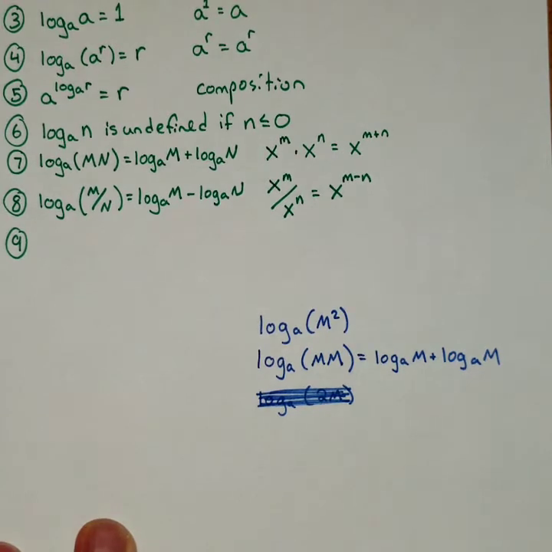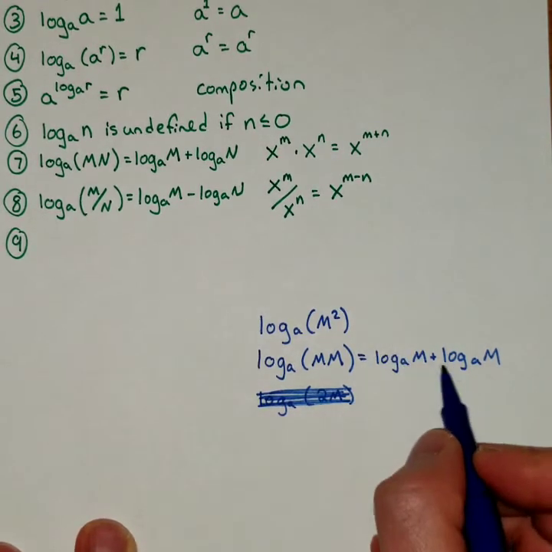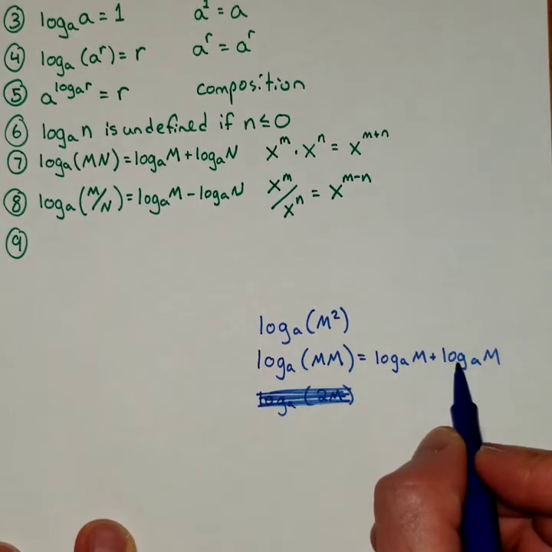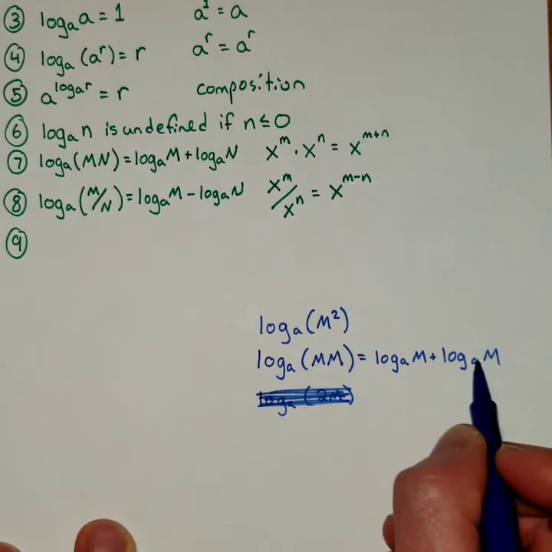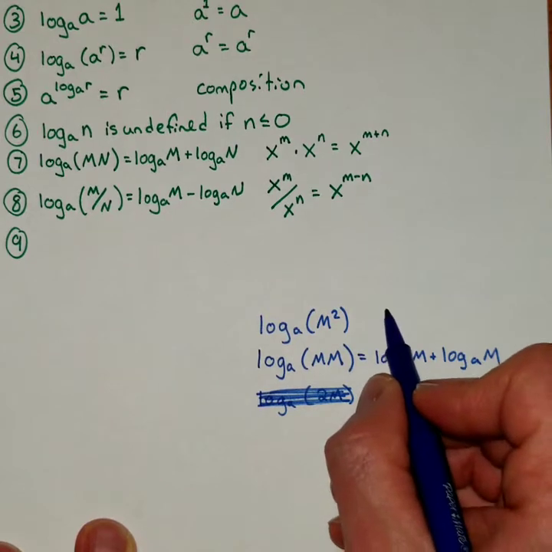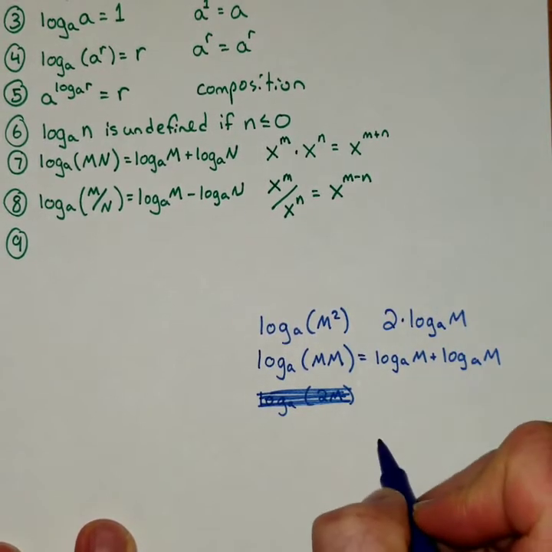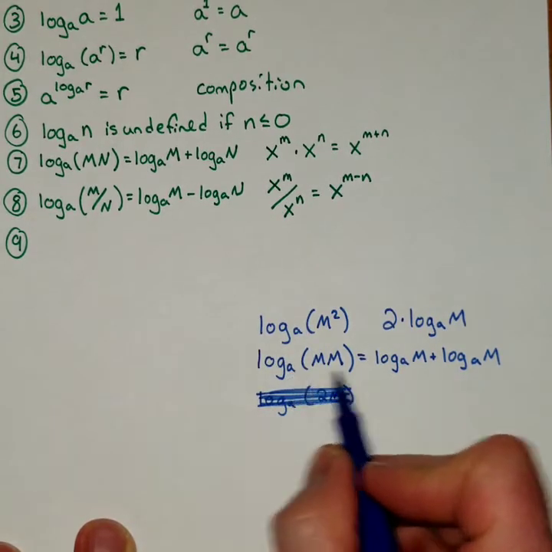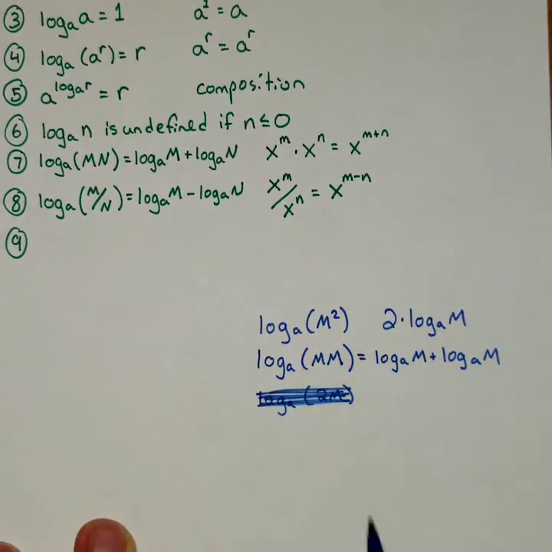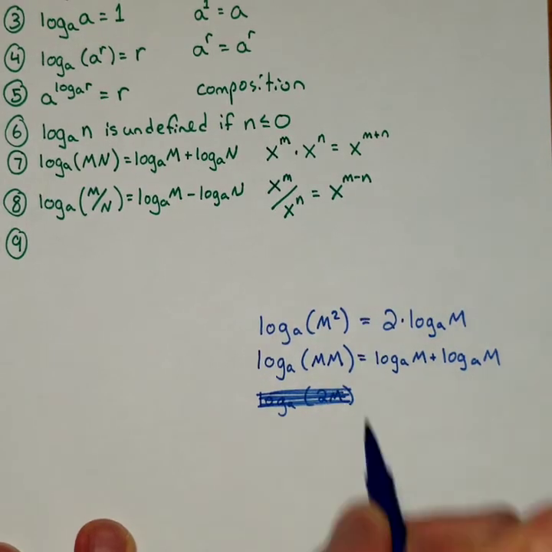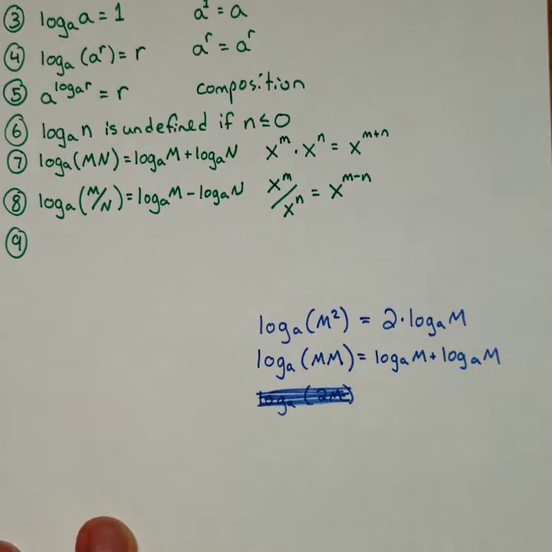There it is. And on this other side, you have two of the same terms, so it must be 2 times log base A of M. All right, these two things on the left are equal, these two things on the right are equal. They're equal to each other down here, so they must be equal to each other up here. All 4 of these expressions are equal to each other.